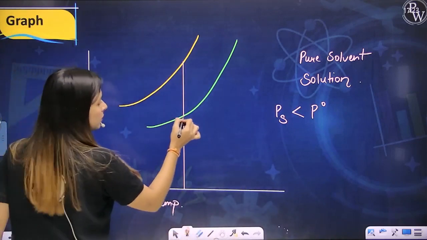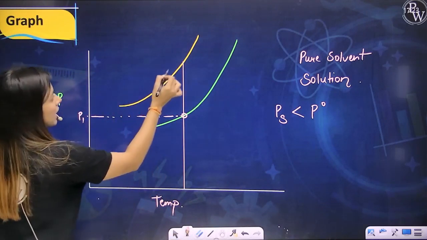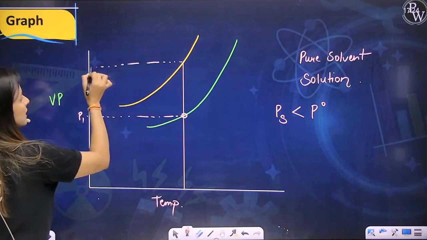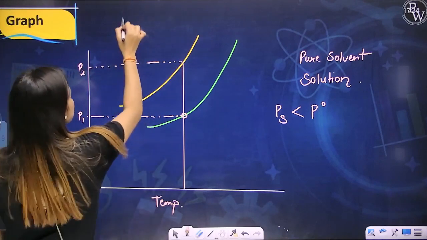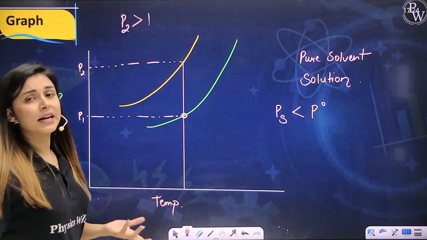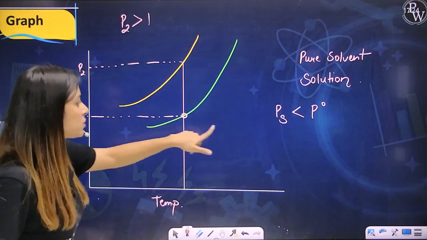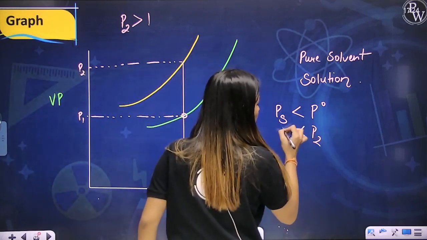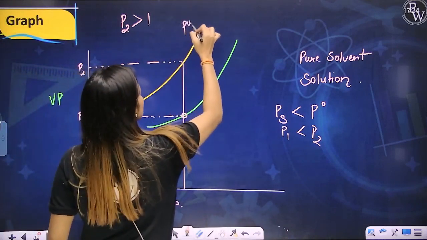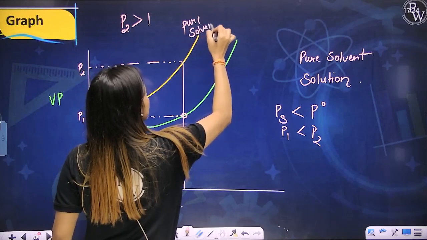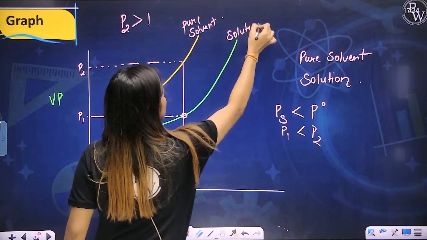The vapor pressure corresponding to this line is, let us say, P1, and the vapor pressure corresponding to this line is P2. Here P2 is more than P1, and I know that the vapor pressure of the pure solvent is always more, so P2 should be the solvent. So the first curve is actually for the pure solvent and the next curve is for the solution.